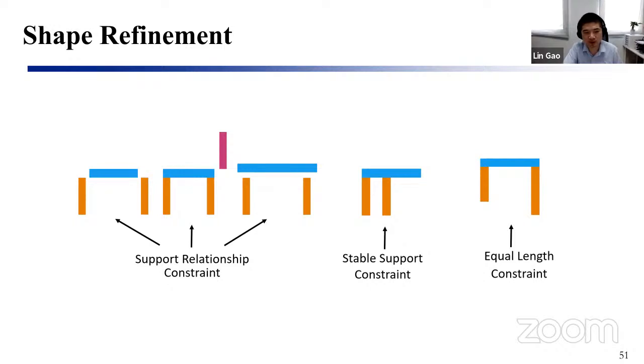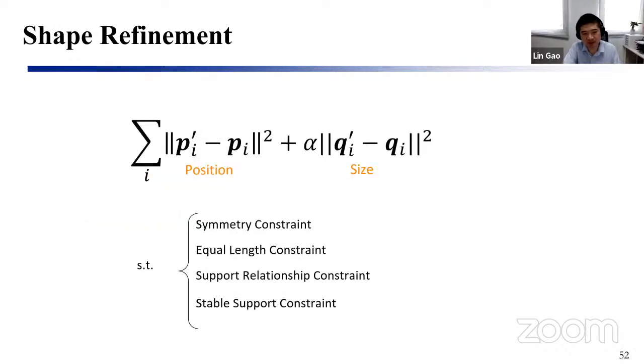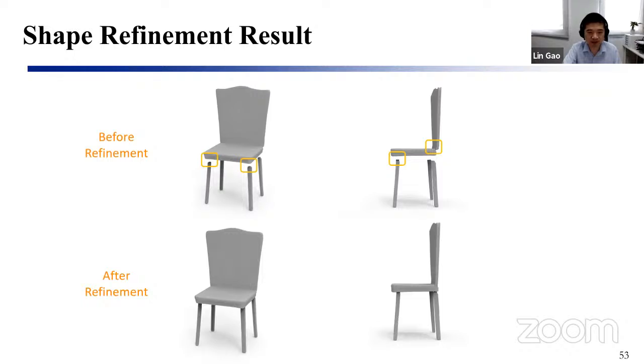So given the decoded supporting information, we could optimize the position and the size to make the parts support each other in a stable way. Look at this result after the refinement: we could get a much more meaningful and reasonable man-made generated model.